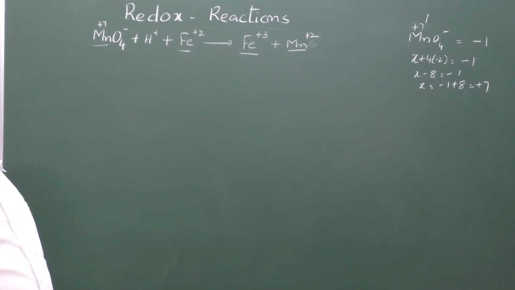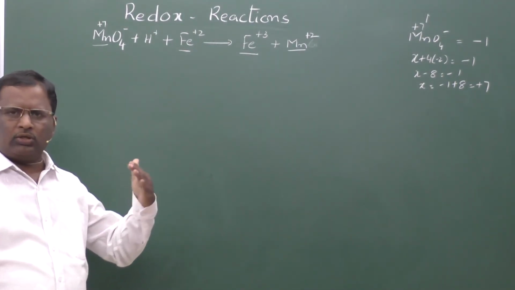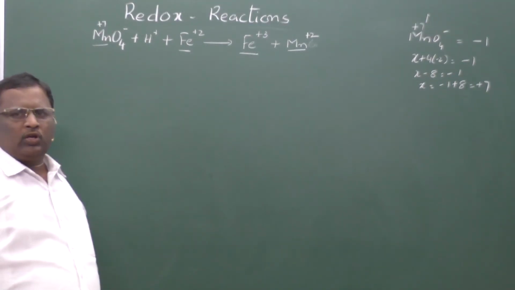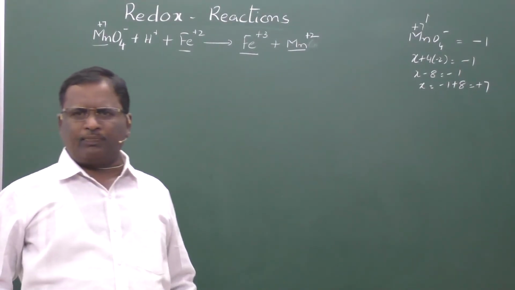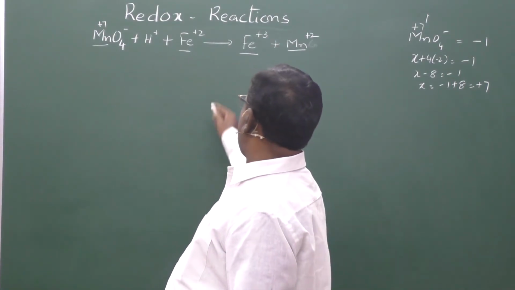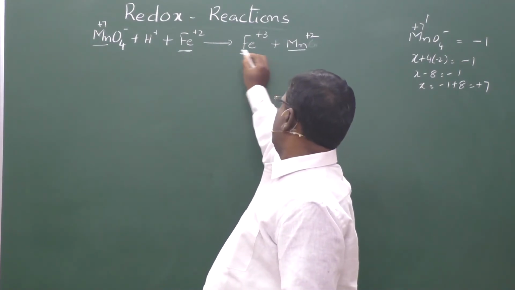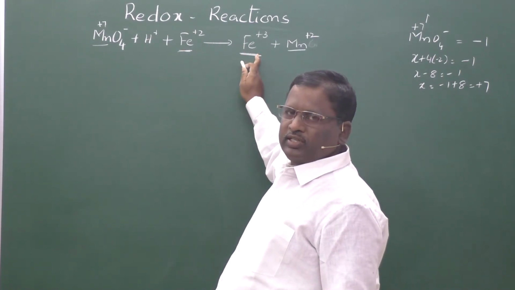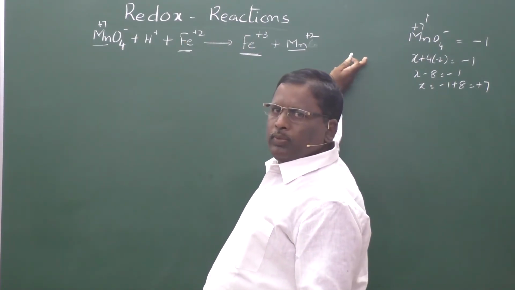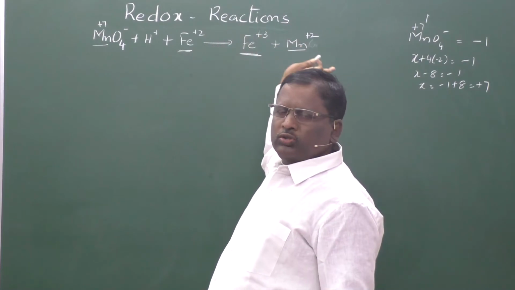Now it is evident, we have already discussed how we can identify which is oxidized and which is reduced. Reduced means decreasing of positive charge, oxidation means increasing of positive charge. Increasing of positive charge is observed here, Fe plus 2 is converted to Fe plus 3, whereas Mn was converted from plus 7 to plus 2, that means its positive charge is decreased.